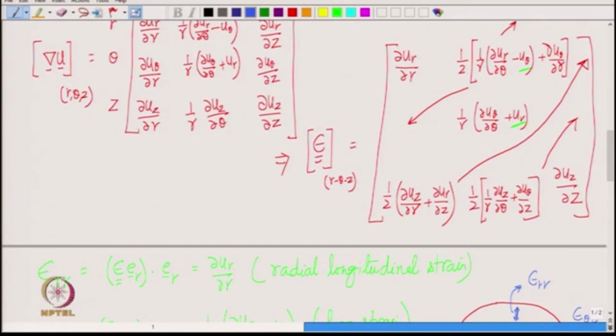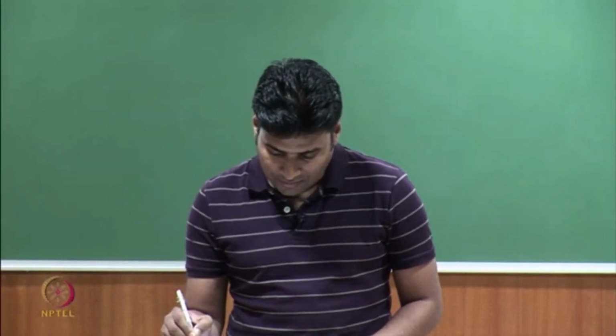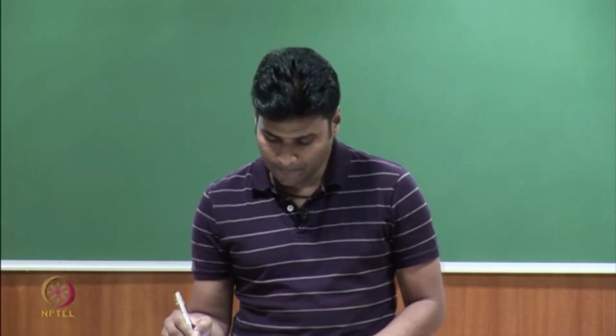We have gamma r z, so that is the shear strain between e r and e z. Similarly, gamma theta z, that is the shear strain between line elements e theta and e z, right.